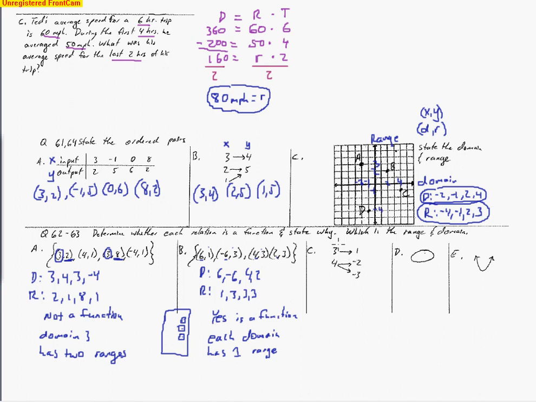Taking a look at this next one, our domains. Well, we only have 2 of them, 3 and 4. What are the ranges? Ranges are 1, negative 2, and negative 3. Is it a function? No, it's not. Look at this one right here. This domain has 2 different ranges. The domain 4 has 2 ranges.